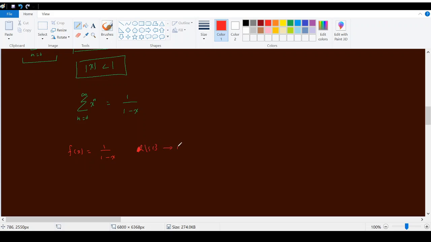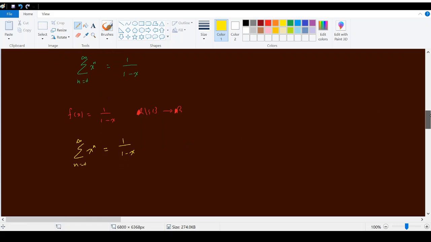So the domain of this function is all the set of real numbers except 1 because of this 1 minus x nature, right? And you can see that we have equated the series with the function like this.